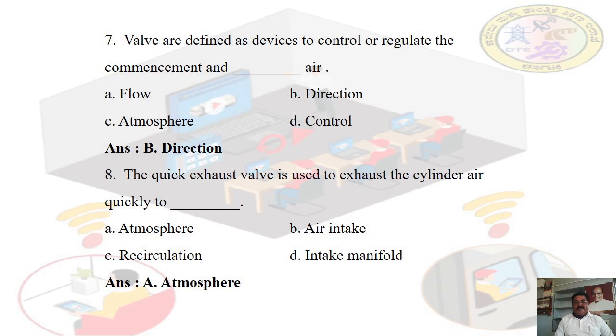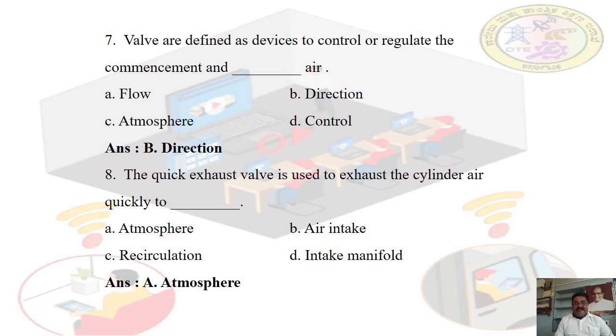Next question. Valves are defined as devices to control or regulate the commencement and dash of air. Option A, flow. Option B, direction. Option C, atmosphere. Option D, control of air. The answer is option B, direction.